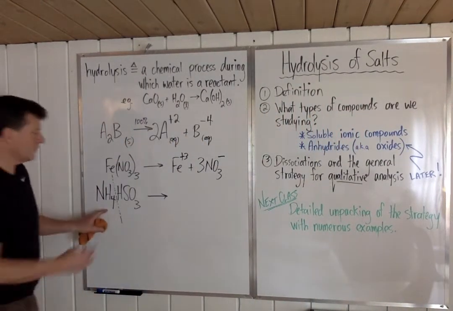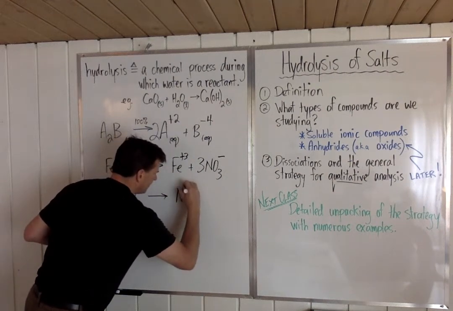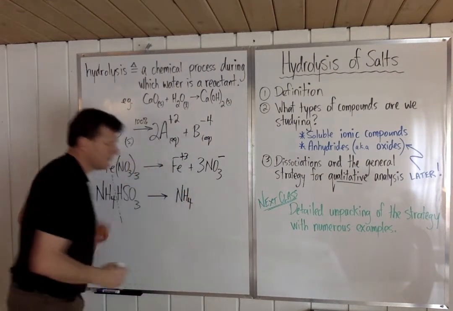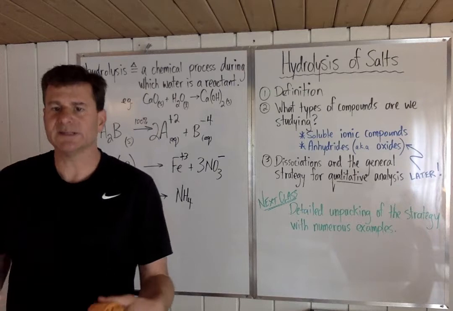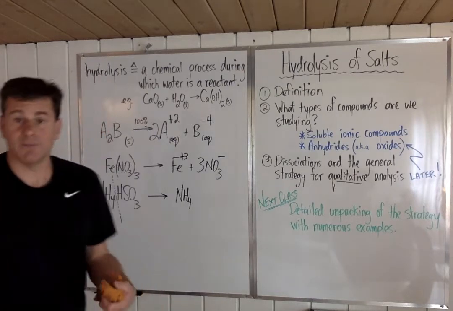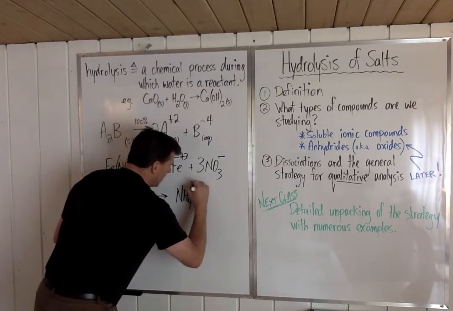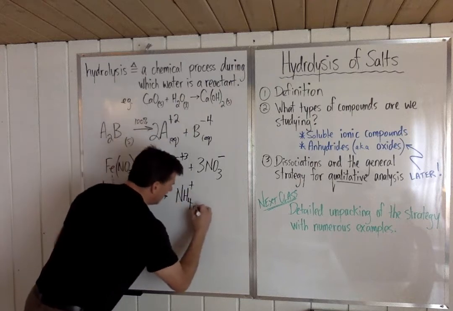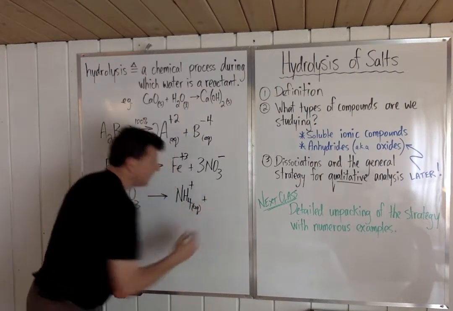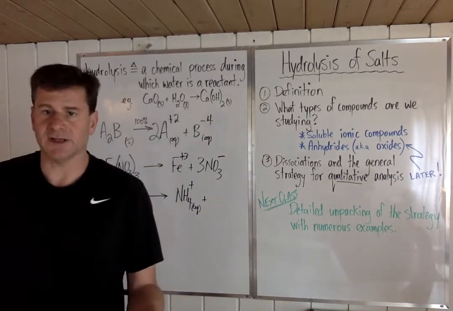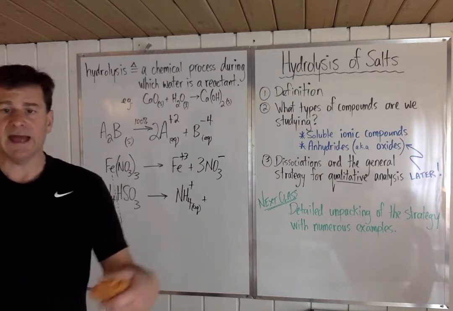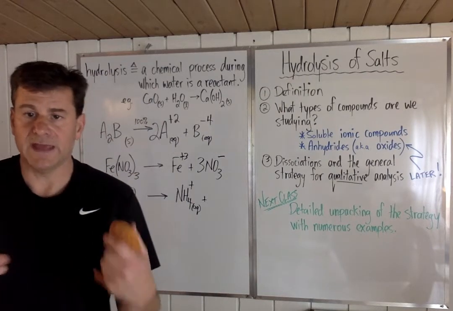So the NH4 is going to be the cation. And because it's ammonium, and I know that ammonium has a charge of +1, I write it down. I didn't put aqueous up there. I'll put aqueous here. Which means that whatever the HSO3 is, has to be the anion.